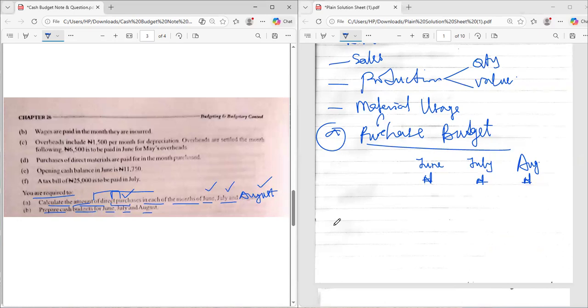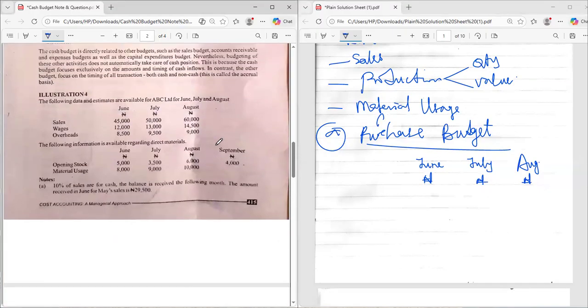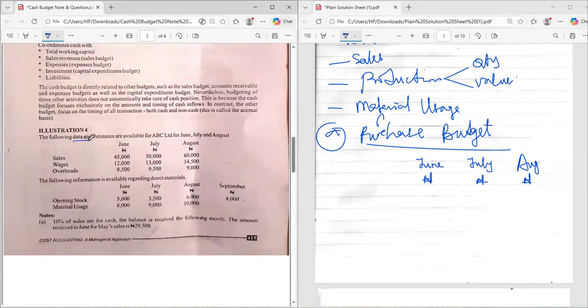Let's read the question first. The following data and estimates were available for ABC Limited for June, July, and August. They gave us figures for sales, which we are going to be using for our cash budget, so it's going to be like an inflow.